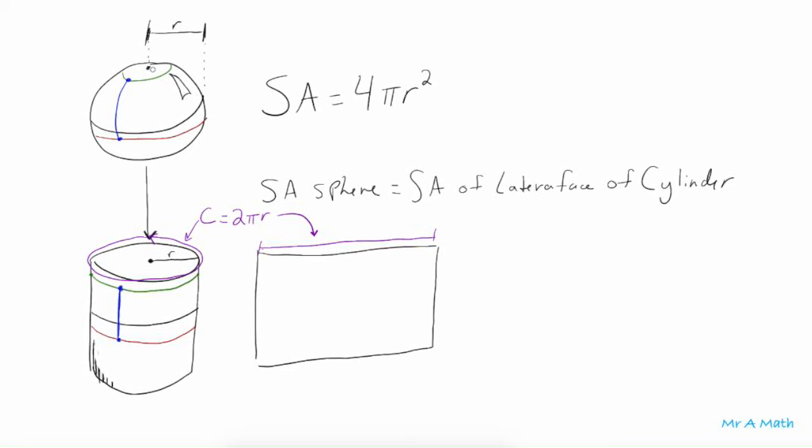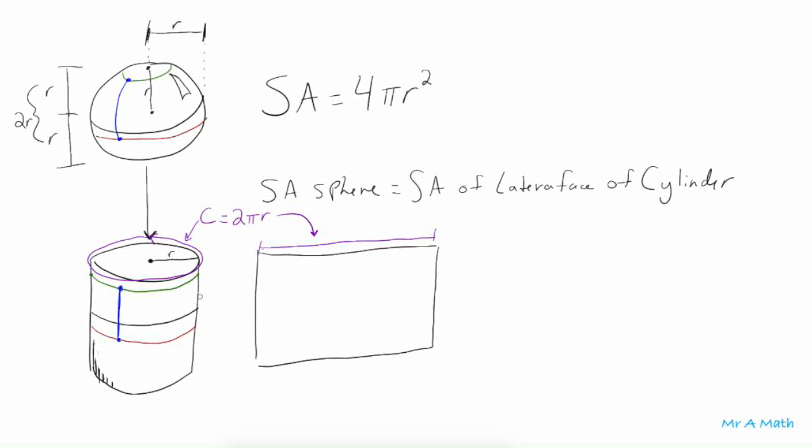Well, if we think about what the height of this sphere is, the height of the sphere, half of it is going to be 1 radius, right? The center of the sphere, from the center to the edge is always the radius. So that means half of the height of this sphere is going to be 1 radius, which means the bottom half is also going to be 1 radius, meaning the height of our sphere is going to be exactly 2 radii.